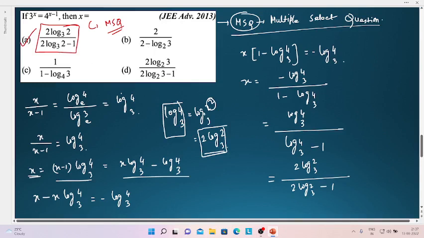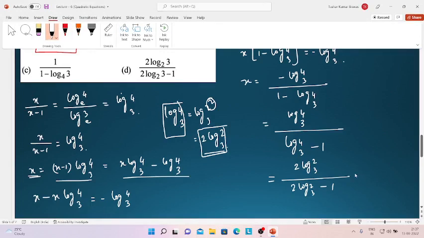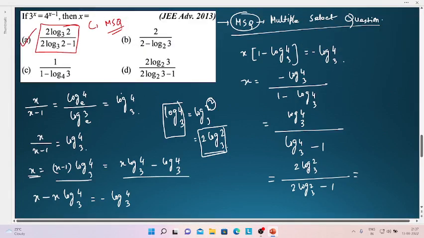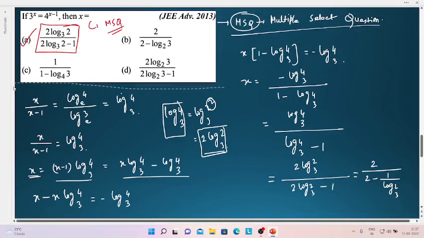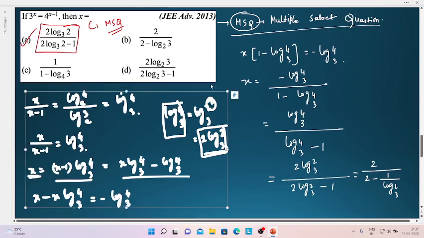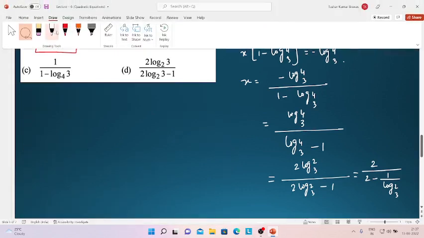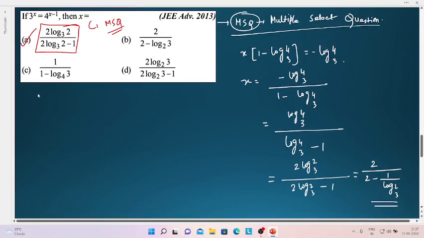Let me check whether any other option is correct. Let me divide the numerator and denominator by log 2 base 3. Then it will be 2 divided by 2 minus 1 upon log 2 base 3, right?